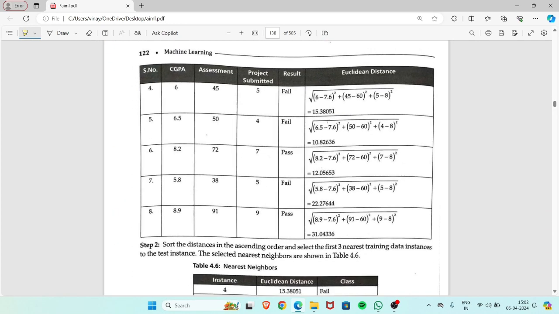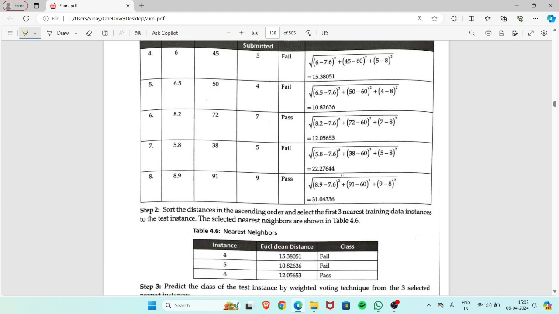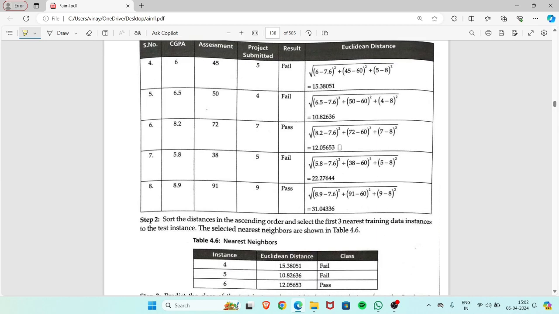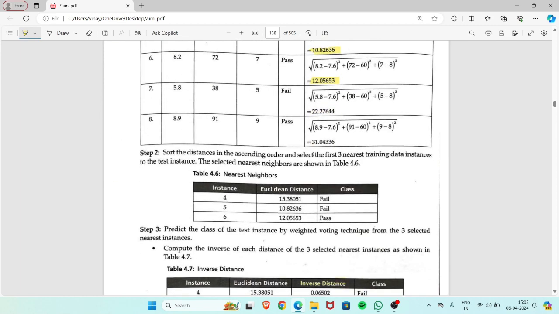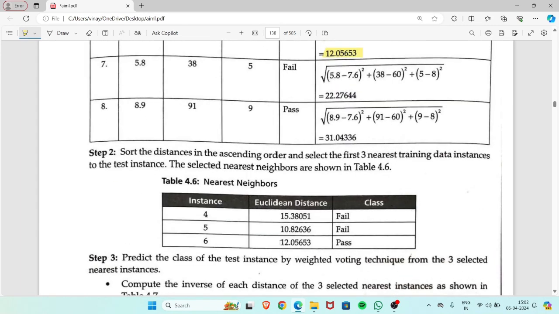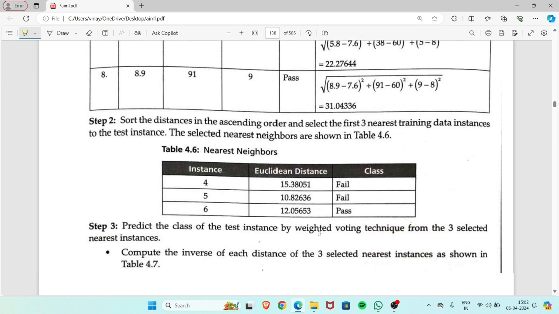The least ones will be 10, 12 and 15. Now you have to sort them based on the instances.